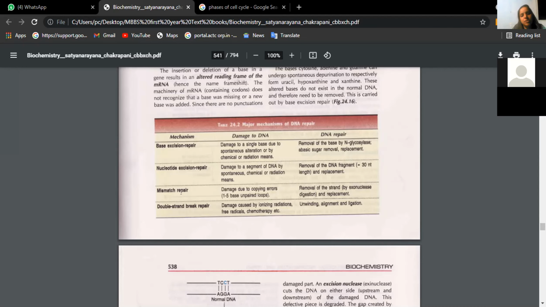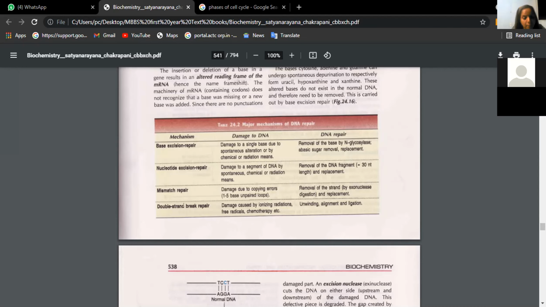Okay, mismatch, that means instead of AT you are finding AG, instead of GC you are finding GA, something like that. So if mismatch is happening, damage due to copying errors, in such cases removal of that particular strand by exonuclease digestion and replacement. That means exonuclease enzyme is helping to remove that particular nucleotide which has come as a mismatch.